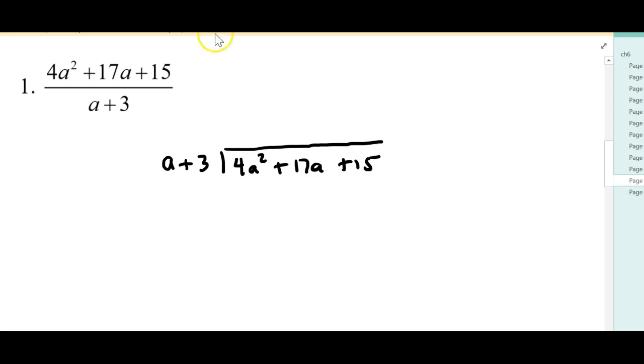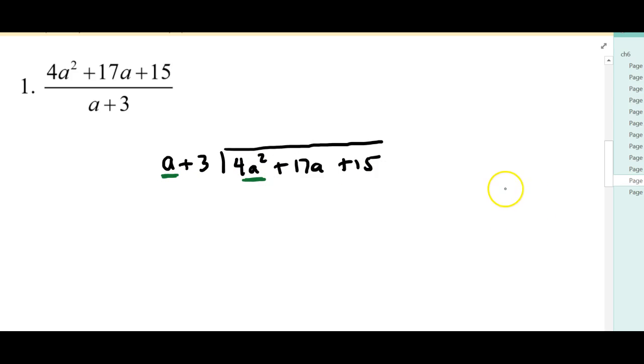All right, so anytime we have to figure out how many times this will go into this thing, we always just use the first terms, always. So we just want to know how many times does a go into the first term here.